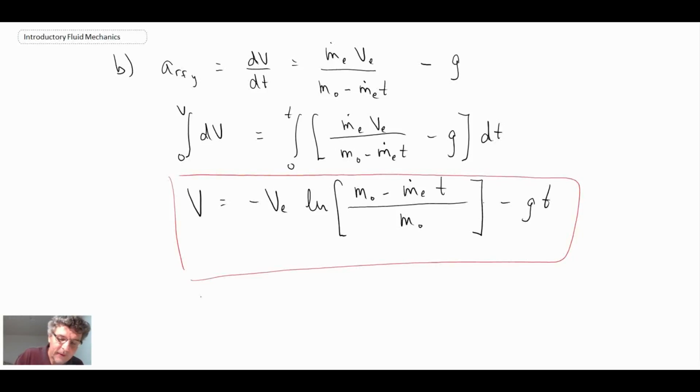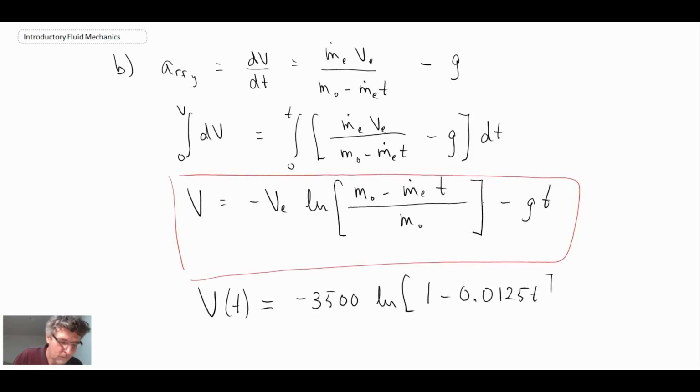And plugging in the values that we were given for the problem, that becomes an expression. We can do calculations at different times. So let's say velocity at 10 seconds.